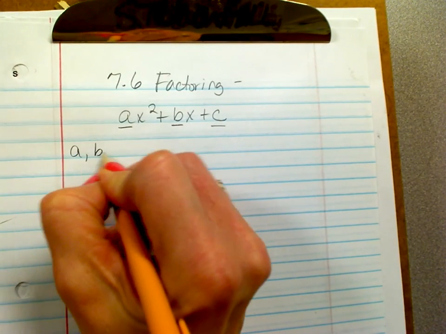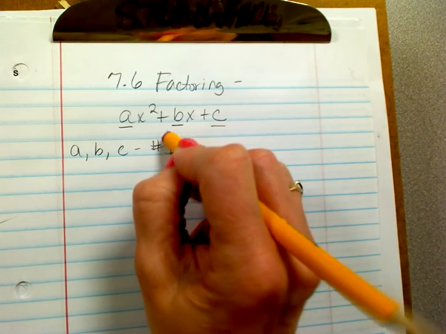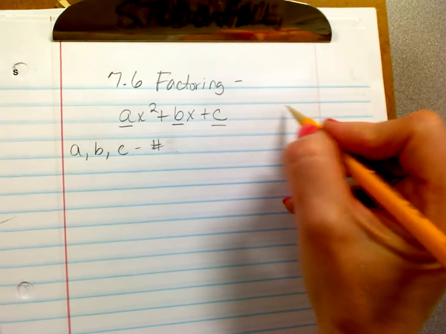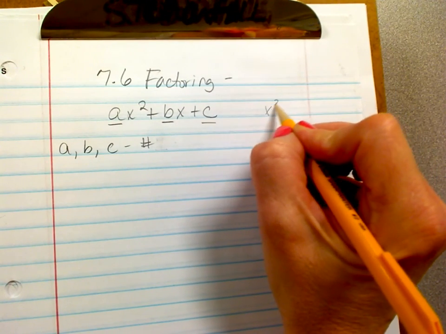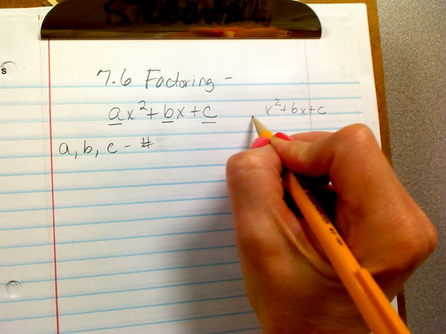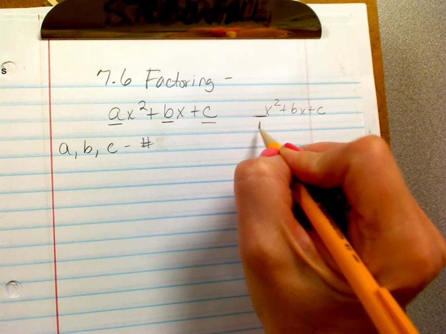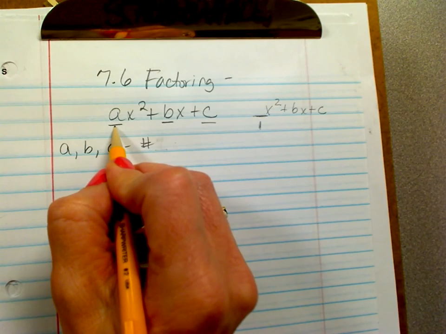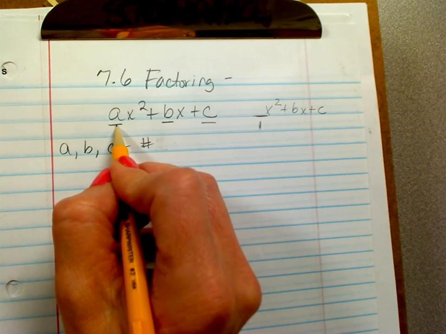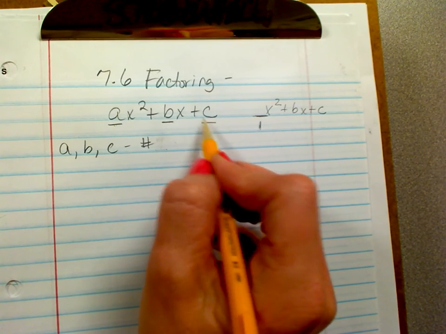Now we've been factoring where you've seen x squared plus bx plus c, meaning that the A term equaled 1. Well, now you're going to see other numbers besides just 1 or no number in front of the x squared at all. So your A, B, and C are just the coefficients or the constant.